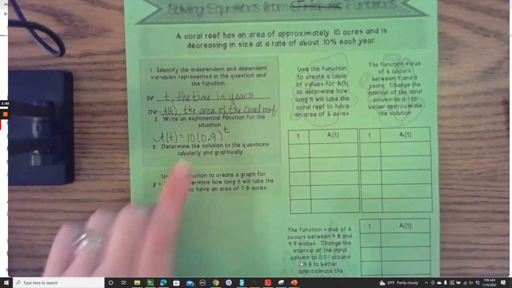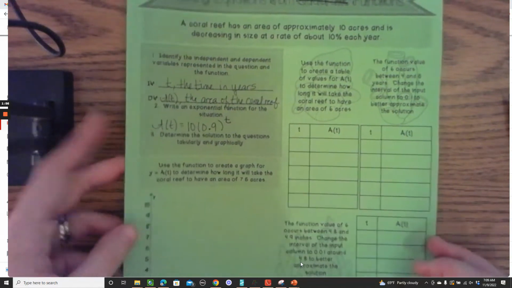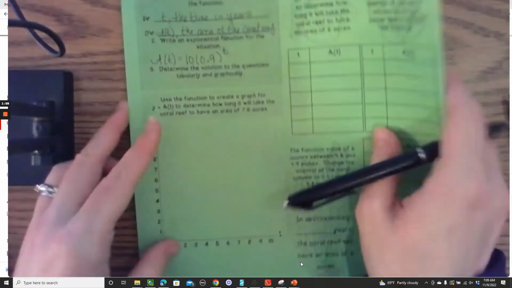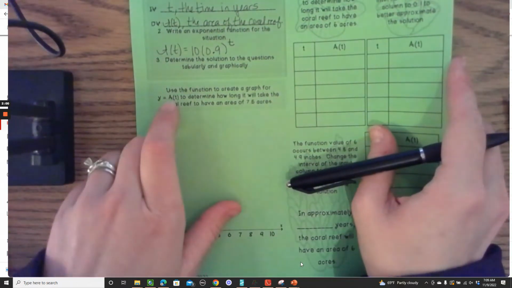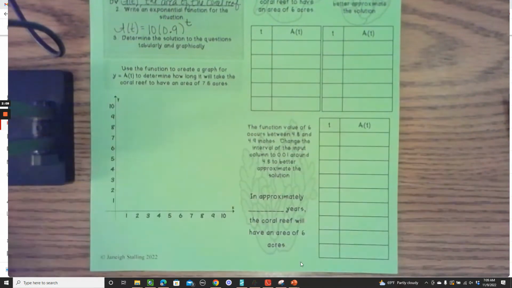We're going to determine the solution to the questions tabularly and graphically. So let's do a graph first. We're going to use the function to create a graph for y equals A of t. And we're going to determine how long it will take the coral reef to have an area of 7.5 acres.